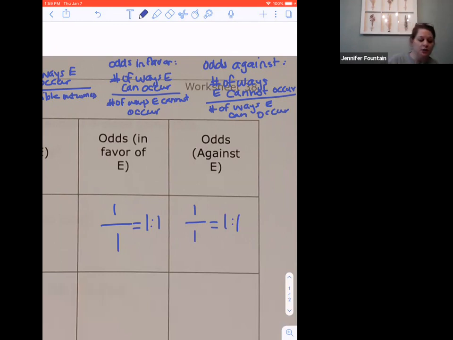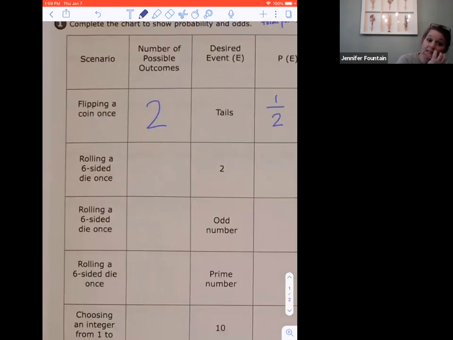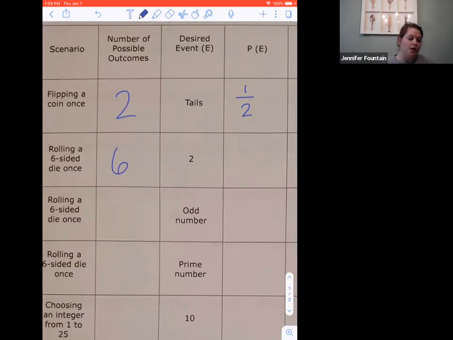Now we're going to look at the next one, rolling a 6-sided die. I know that the number of possible outcomes when I roll a die is 6. Now I'm looking at the chance of rolling a 2. I have 1 chance of rolling a 2 out of 6, so I can just leave it as a fraction, 1 over 6.